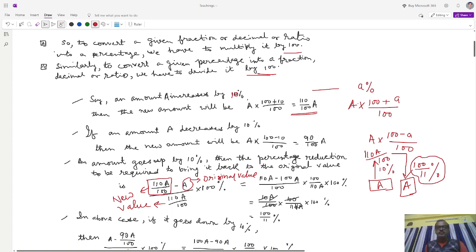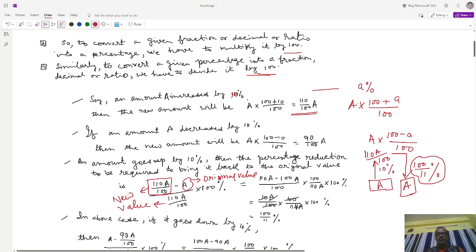One thing you have to remember here: if you try to memorize these simplified values for each and every case, then you will not be able to overcome the hurdles of arithmetic problems.